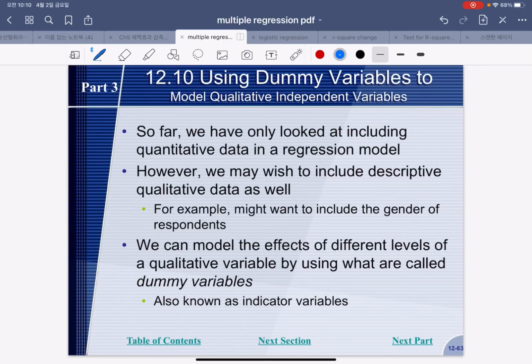Now let's talk about the case where we have categorical data for the independent variables. So far we have seen the cases where all the data are quantitative. If you have qualitative data, I mean categorical data, then you need to do something about that variable. Let's look at an example here.